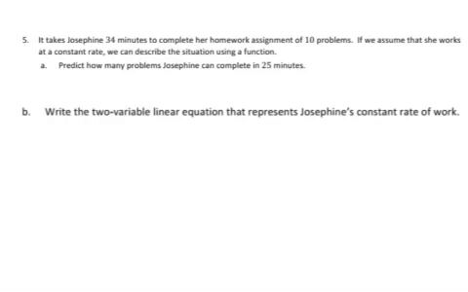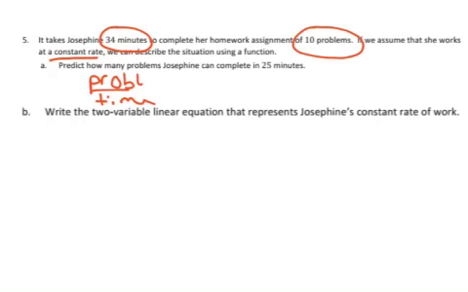Now part B, which is on your next page, asks us to write the linear equation. And we can write a linear equation because it says we have a constant rate. So in order to find our constant rate given 2 values, remember, we always put something over time. In this case, we would be doing your problems over time.